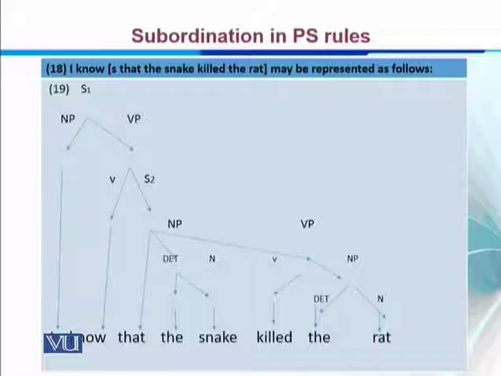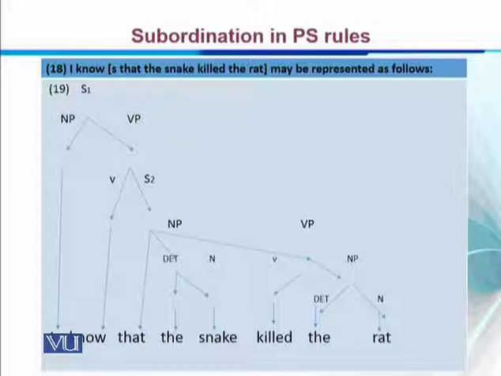If we analyze the same sentence on the tree diagram, we find that S1, which is the main clause, consists of a noun phrase, which is "I," and a verb phrase. This verb phrase consists of a verb, "know," and instead of a noun phrase, it consists of an S2.